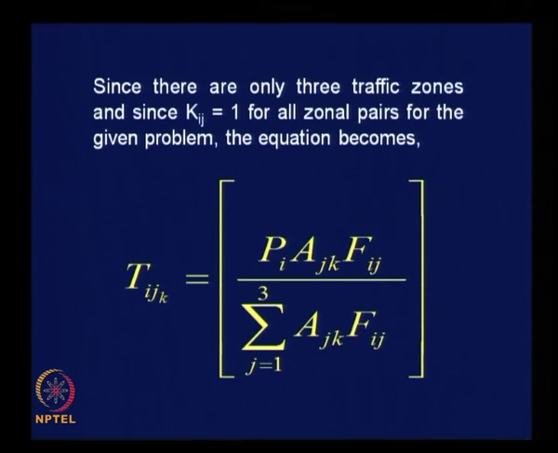Using this formulation, we found Tij values for k equal to 1, the first iteration.